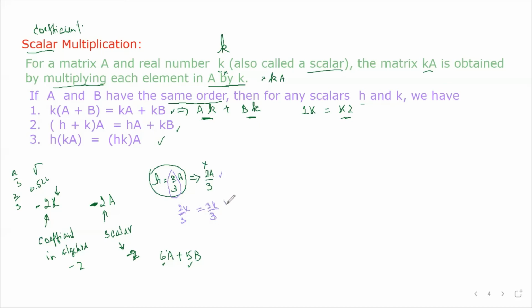In algebra this is okay, but in a matrix, no, not allowed. You have to take the scalar away, separately from the matrix. Okay, that's all for the scalar matrix.